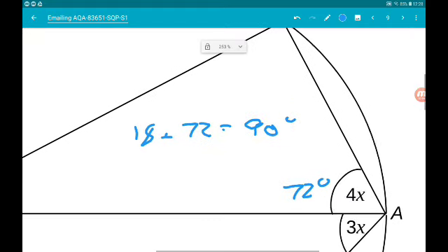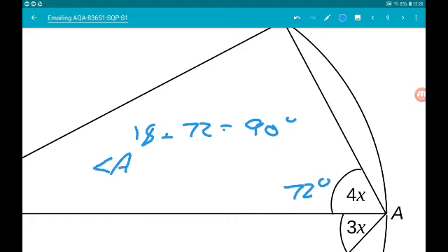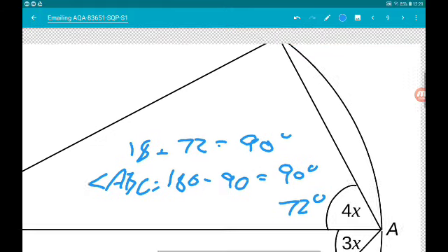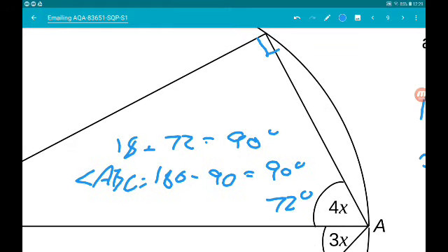So angle ABC is 180 minus 90, which is 90 degrees. So, there we go, we've proven it. You would want to finish with a statement saying something along the lines of ABC is 90 degrees, therefore AC is a diameter. Cool.